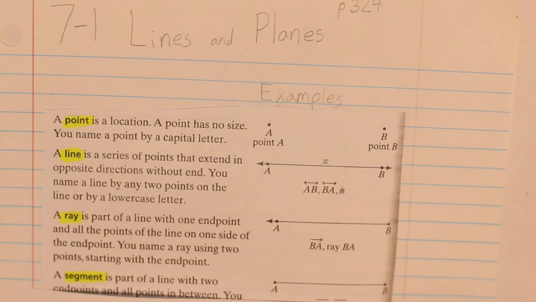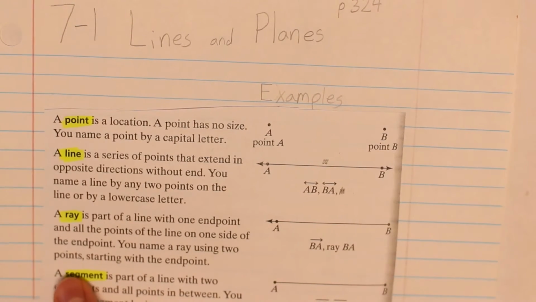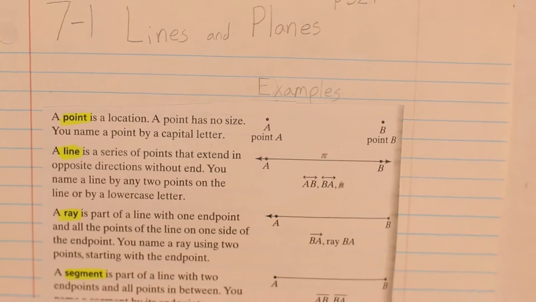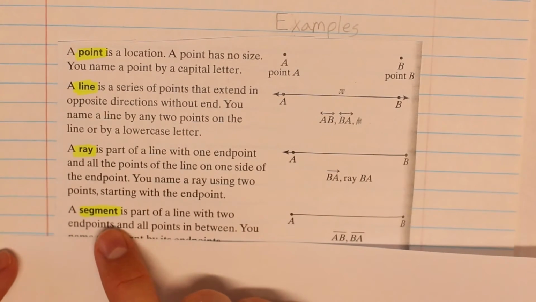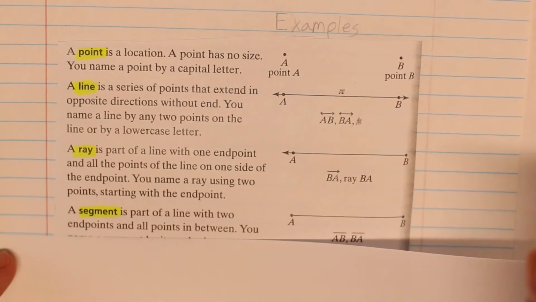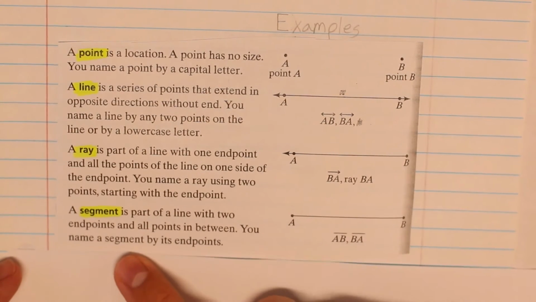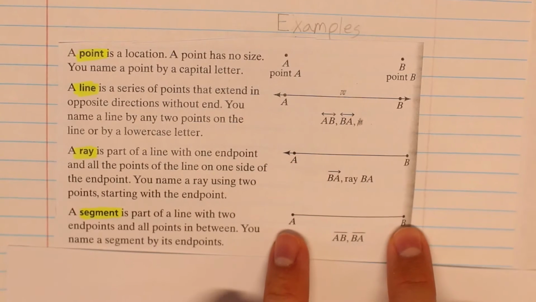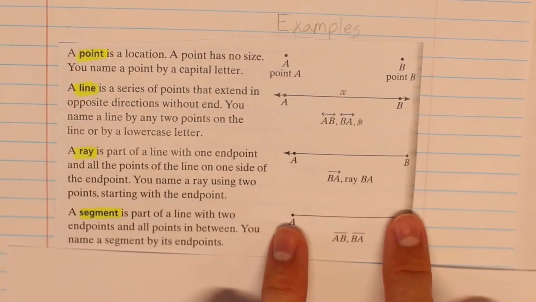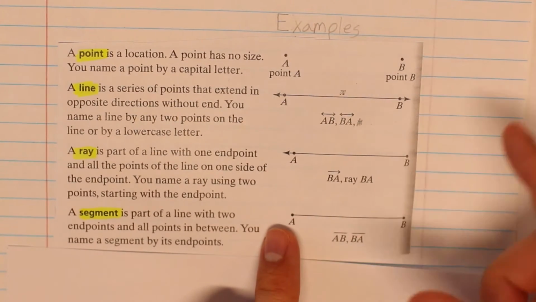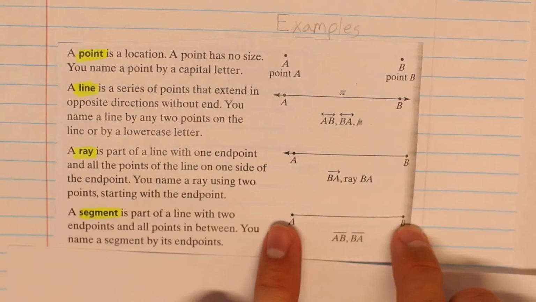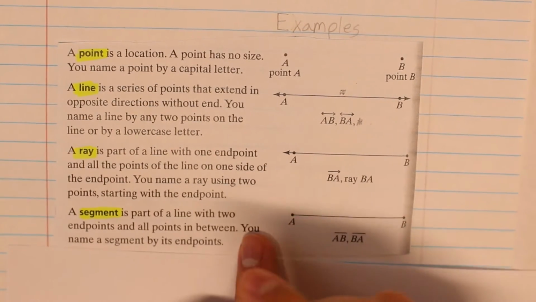Okay? A segment, and technically you want to write this right next to it in your notes, a line segment. A line segment is part of a line with 2 endpoints and all points in between. You name a segment by its endpoints. You see, the letters are at the end. Typically when you think of a line, you think of a line that has a beginning and an end.